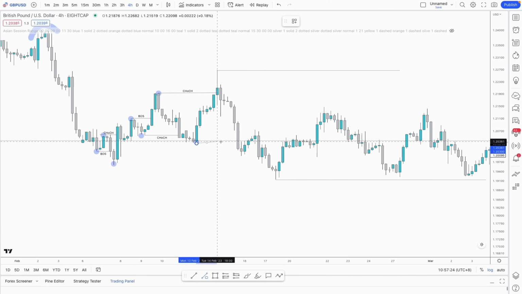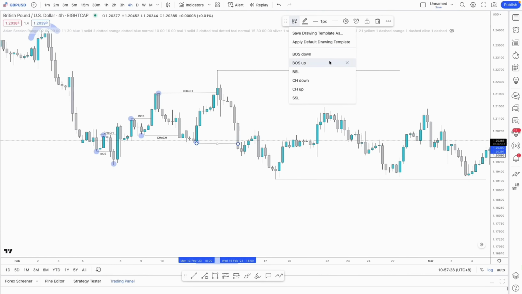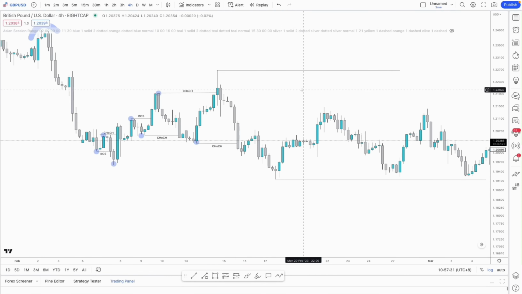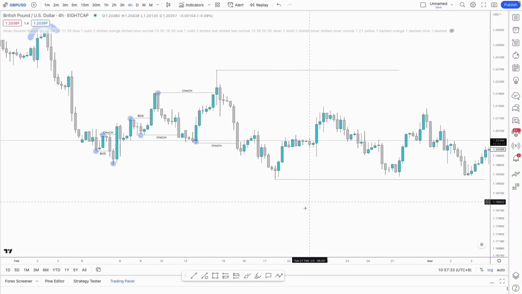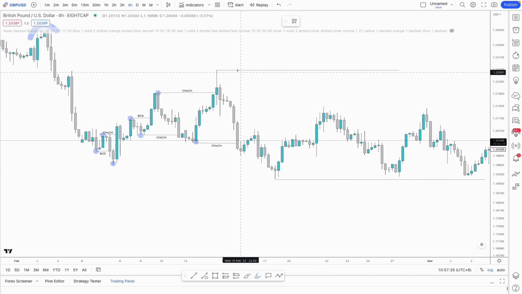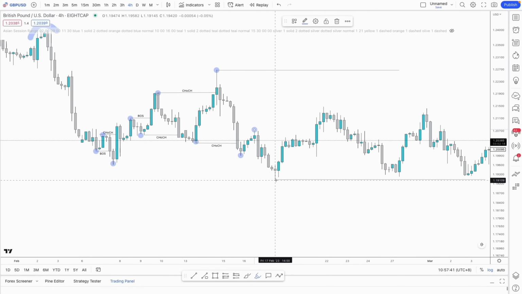It takes out the lows, and we have yet another change of character down. And that is essentially the low. So we have a higher high, lower low, lower high, and then lower low.